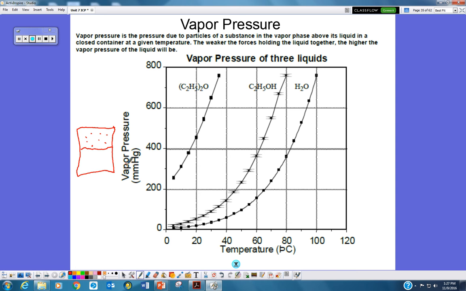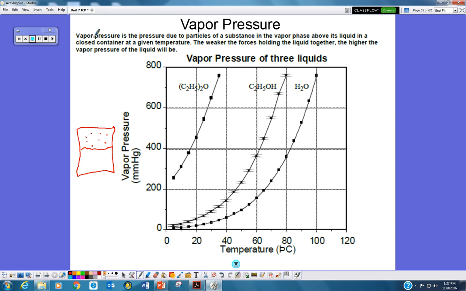Even though we're not heating it up to the evaporation point, because it's closed, some of the particles in this liquid are going to escape as a vapor. And that is solely based off of this concept of vapor pressure.